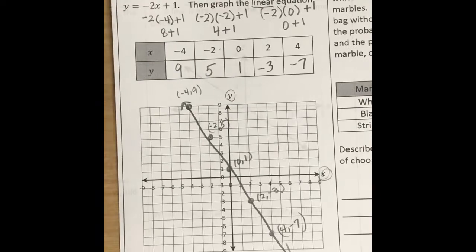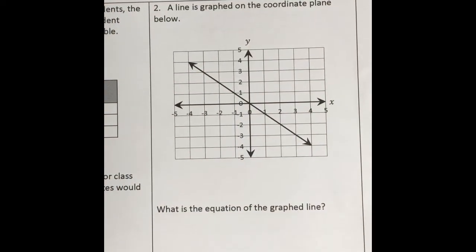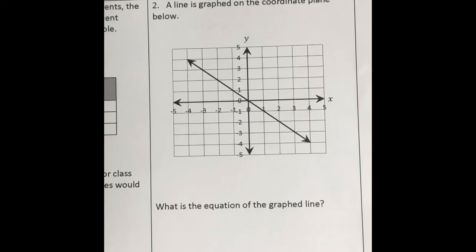Okay, on this example, they give you the line graph, and they're asking you to tell what the equation is. Okay, so this is where you have to remember your formula. Okay, y equals mx plus b.